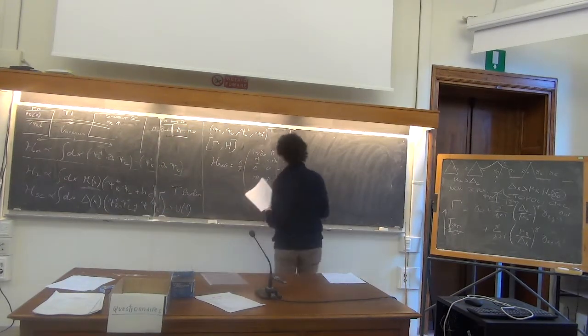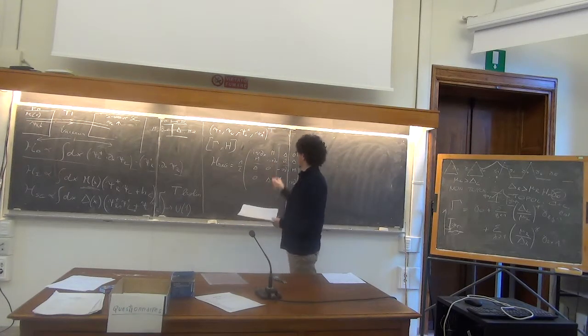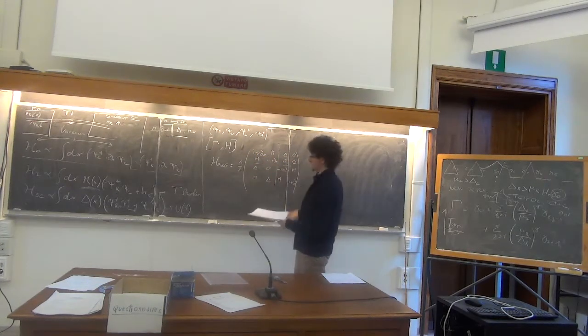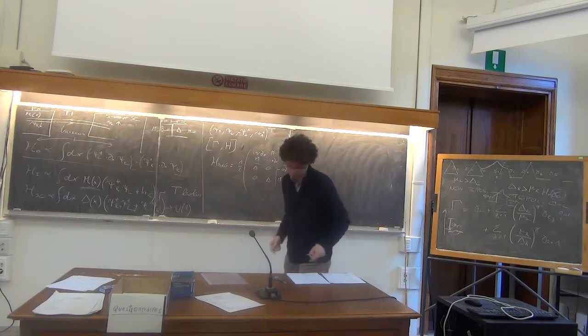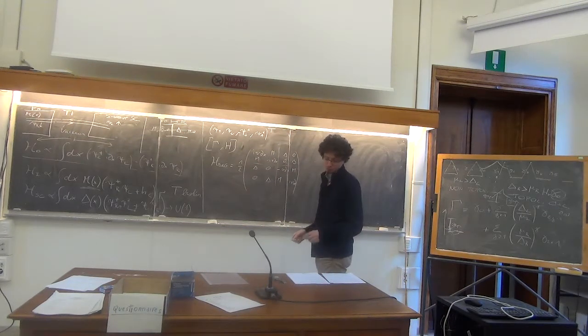You see that m gets to 0, so these things are decoupled into blocks. The first block will have e to the i x, then minus e to the i x, and the other block is essentially the conjugate of the first one. And we are hunting for zero energy modes.